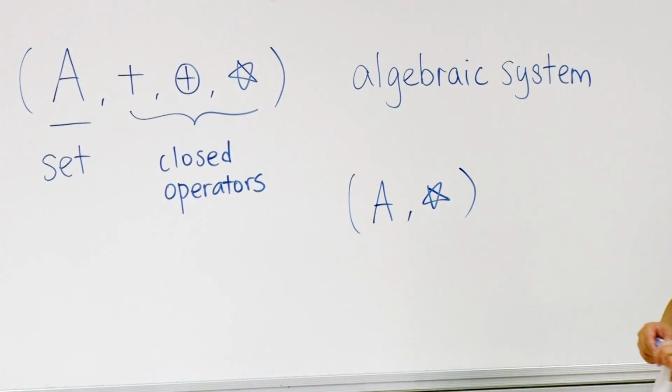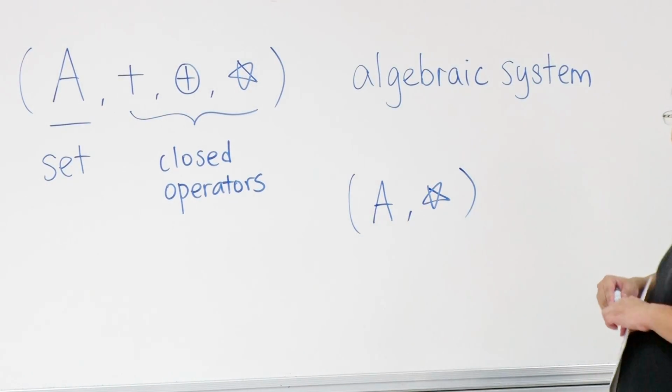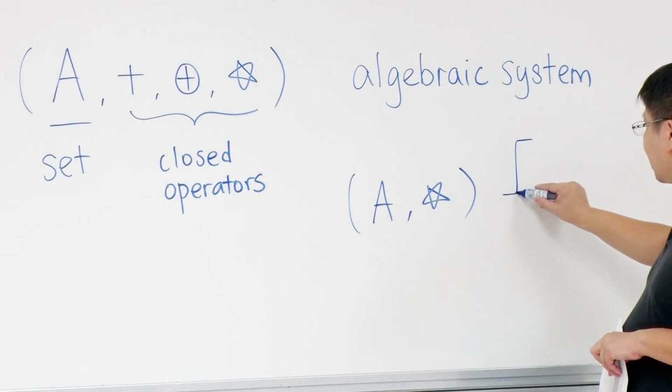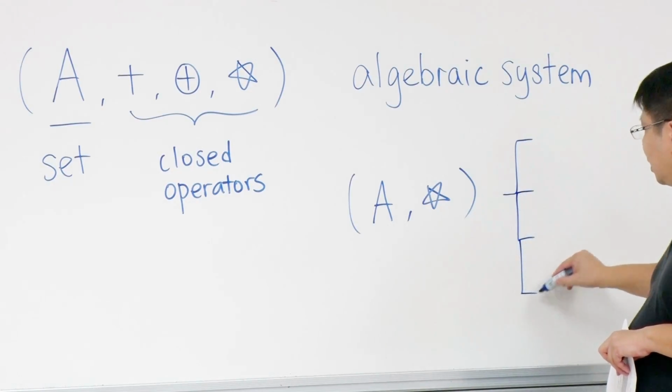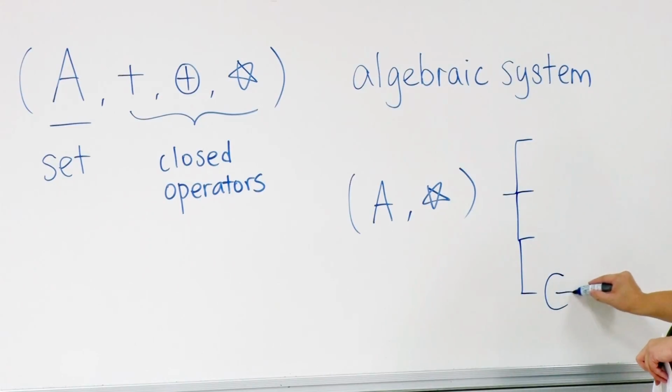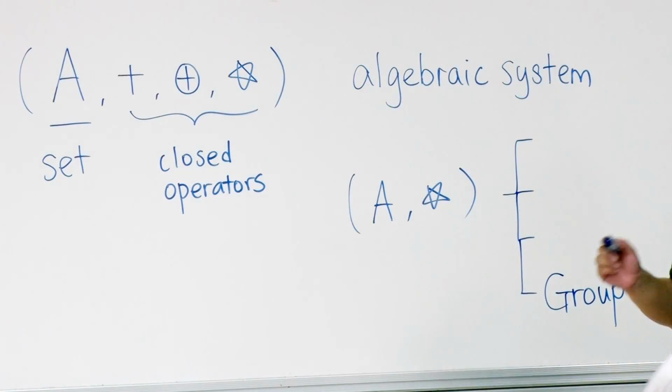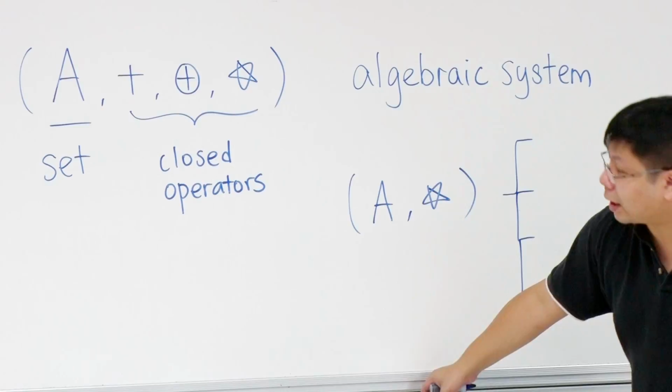Now, there are many different types of algebraic systems. Some of them have very regular structure, very nice structure. And one of them we are going to define is called a group. A group is a kind of algebraic system that has a lot of properties to be satisfied.